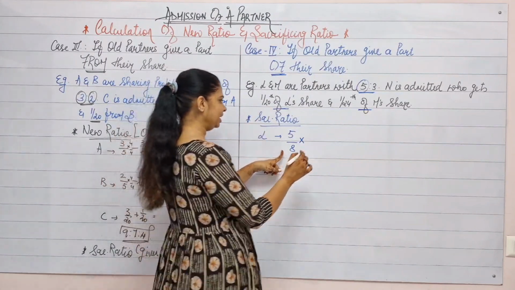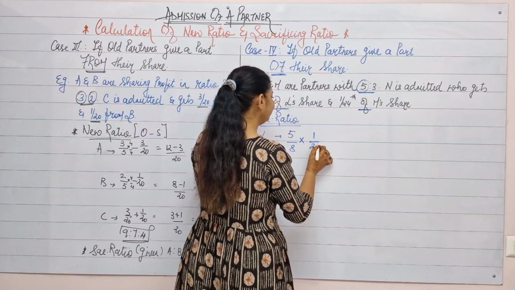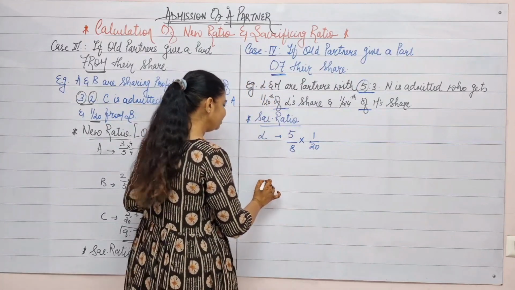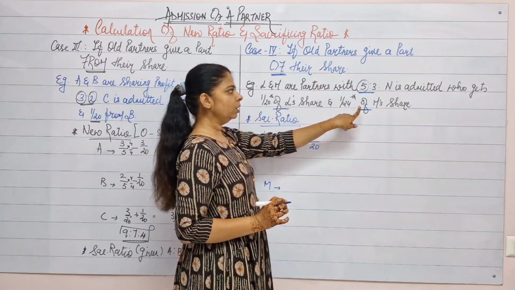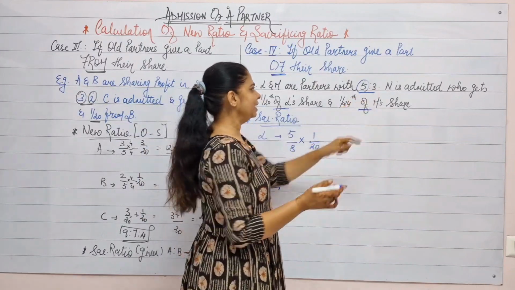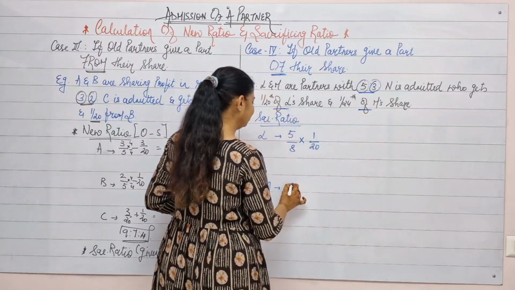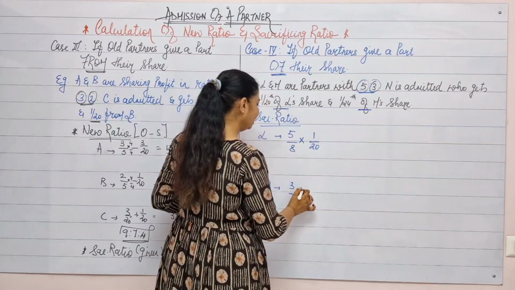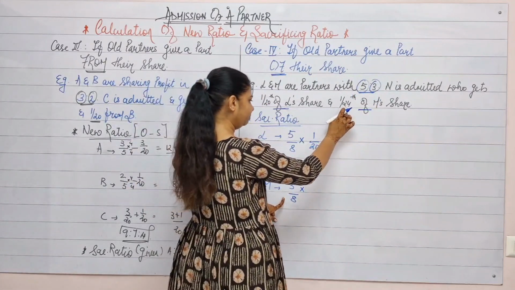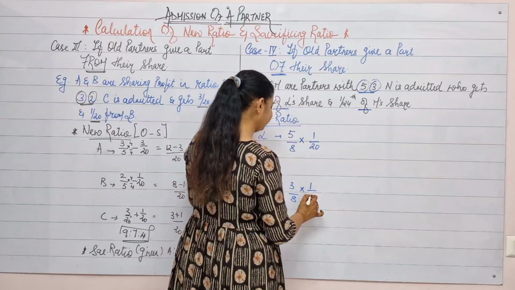So 1/20 of 5/8. M कितना सैक्रिफाइस करेगा? 1/24th of his share. M's share is 3/(5+3), 3/8. अपने शेयर का 1/24 he will sacrifice.